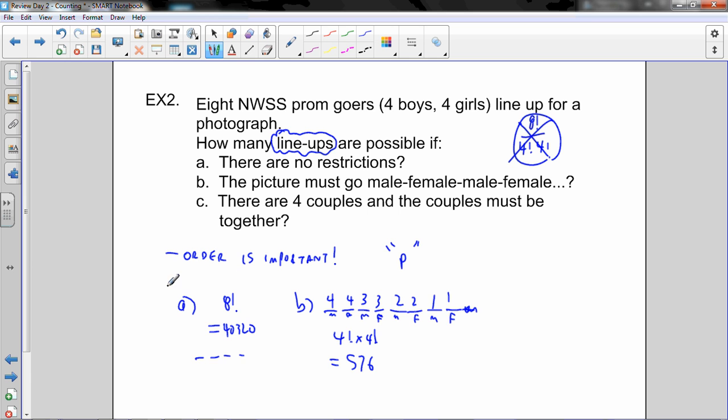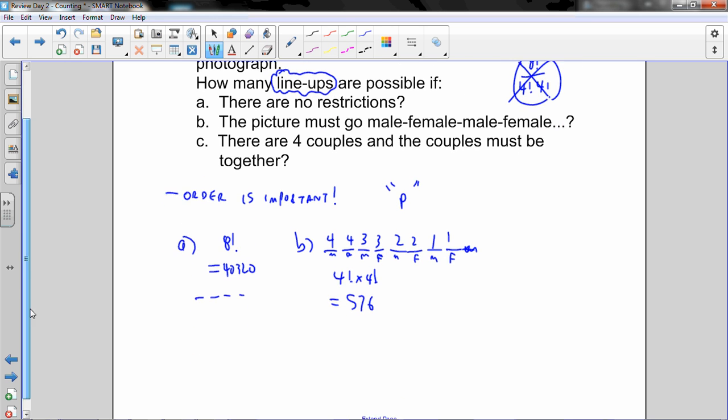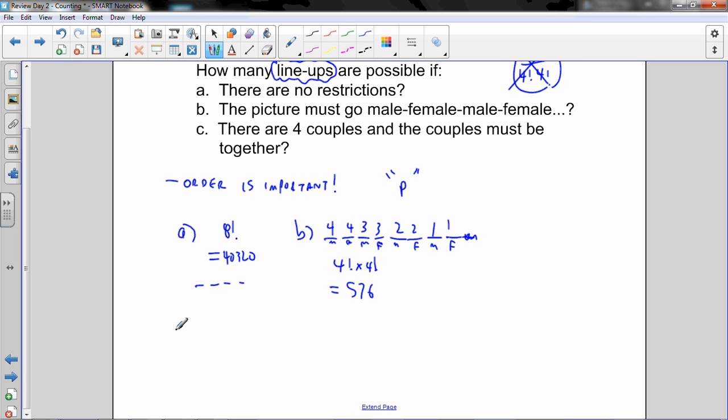Another restriction: there are 4 couples, and the couples must be together. So one way to think of this is, let's put the couples together in boxes. That's kind of a weird thing to think, but there are 2 spots in each of these boxes, right? So if I consider each couple in a box, there are 4 factorial ways to arrange the boxes, right?